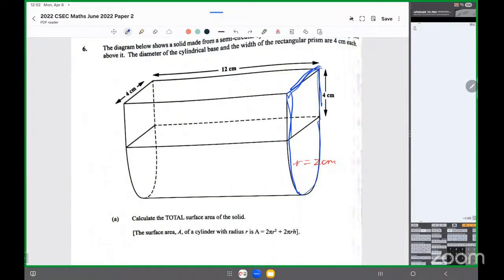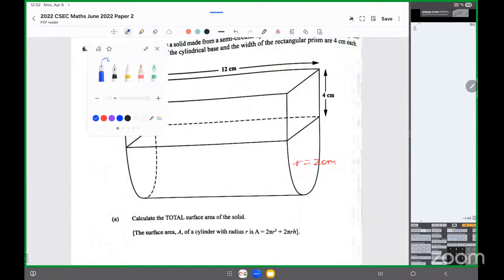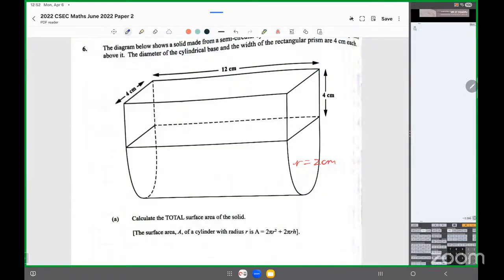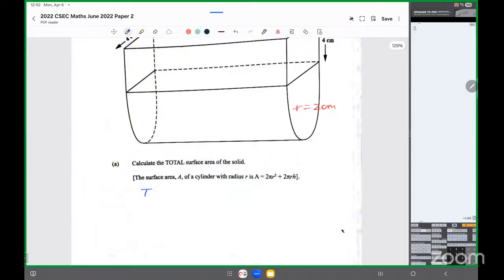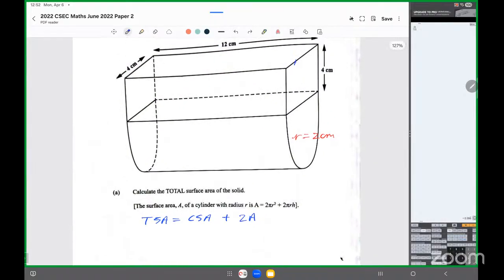Let's do this question nice and easy. I like this question. So let's set it up. Total surface area equals curved surface area plus 2 times A, where A is the area of the end, the cross-sectional area.